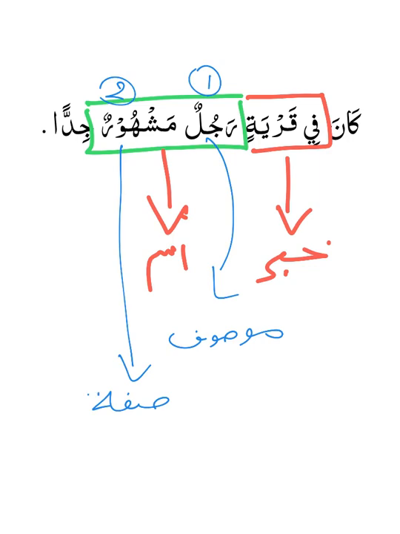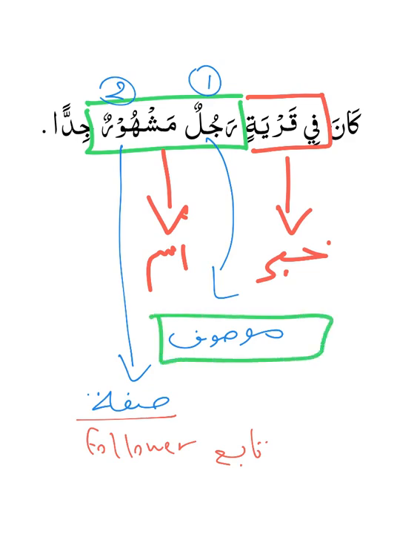And just a quick recap, what is a sifa? A sifa is a follower. The Arabic word for follower is tabi'. Sifa follows. Who does it follow? It follows the mawsuf. What do we mean by follow? The sifa will have the same case ending as the mawsuf.